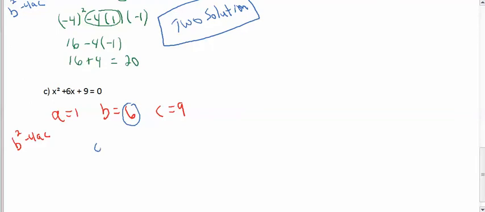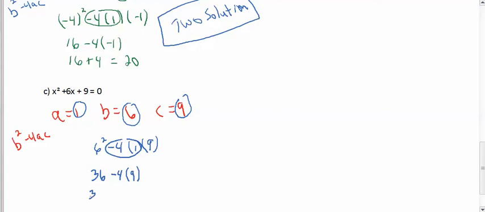So I'm going to go 6 squared minus 4. My a is 1. My c is 9. Okay, so now I've got 6 times 6, 36. -4 times 1 is -4. Then -4 times 9 is -36.